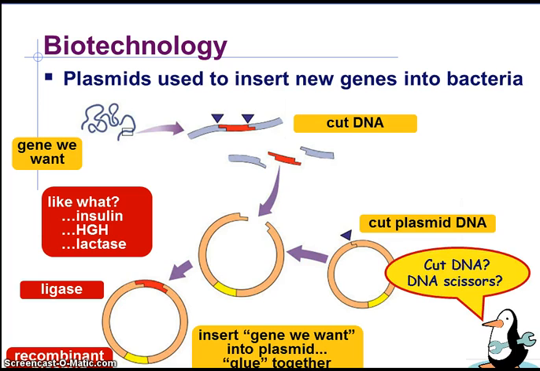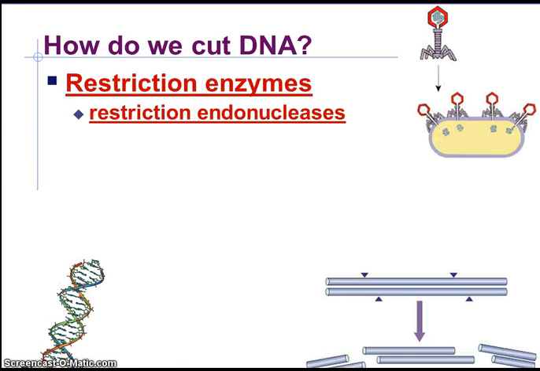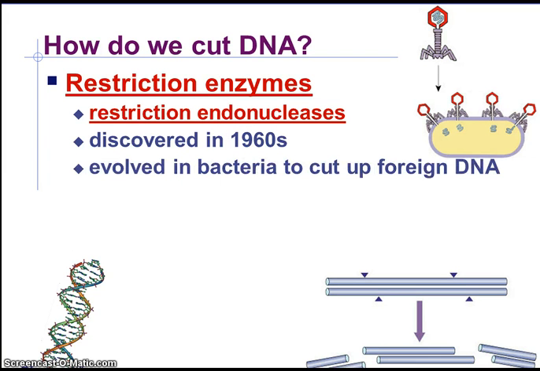How do we cut the DNA? So we have different restriction enzymes. We found restriction endonucleases in the 1960s, and these evolved in bacteria in order to cut up foreign DNA.